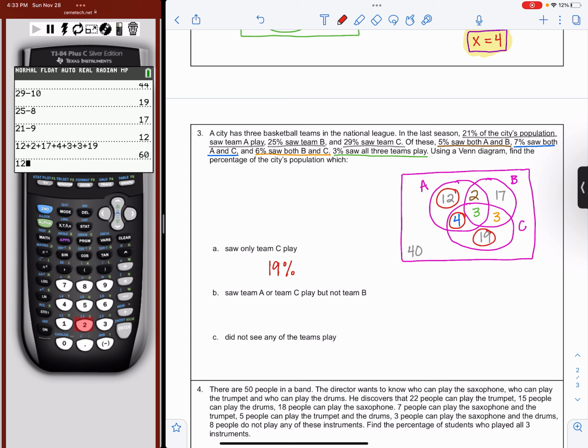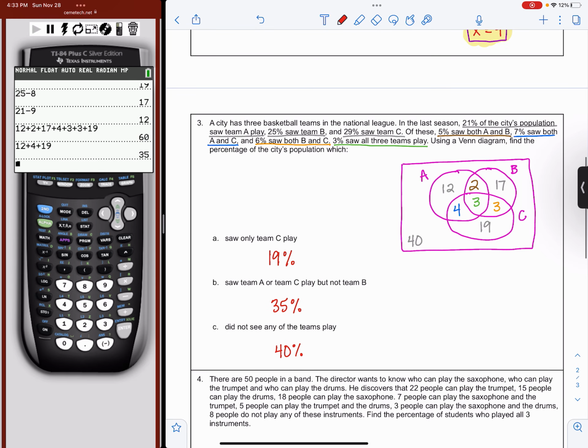When we add those, 12 plus 4 plus 19 equals 35. So that's 35%. And then part C, it says did not see any of the teams play. So that is easy. That's on the outside of the circles, which is 40%.